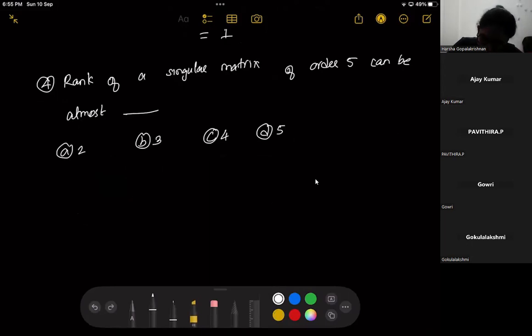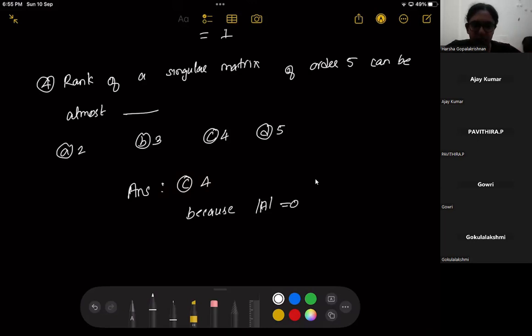Because determinant of A equal to 0 implies rank of A cannot be 5. It should be strictly less than 5. Is this clear for everyone? If anyone is having doubt, please ask in between.